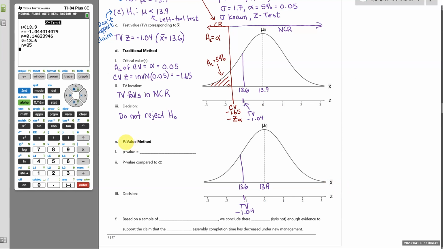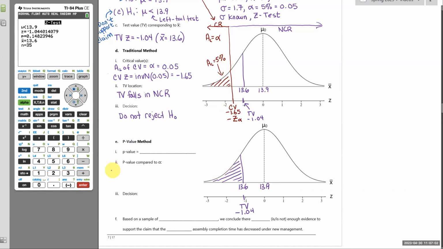And for a left tail test, the p-value is the area left of the test value. For a right tail test, it was the area right of the test value. So for a left tail test, everything's on the left as we graph.